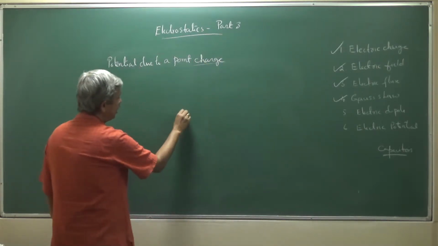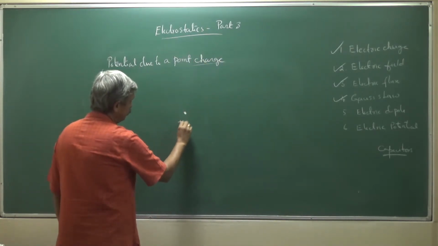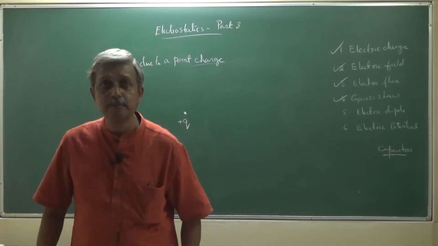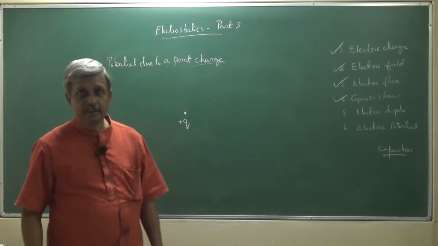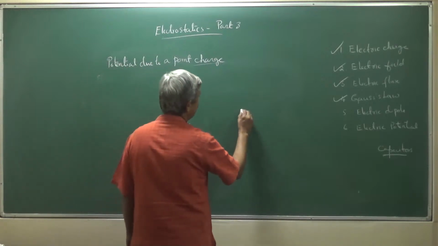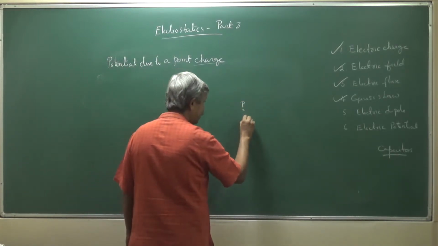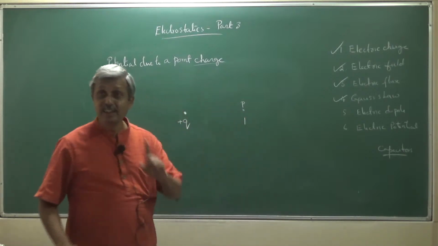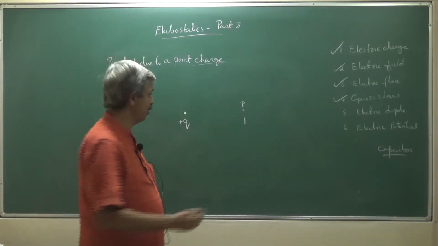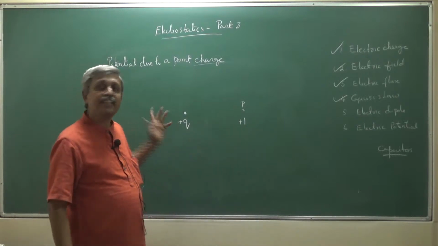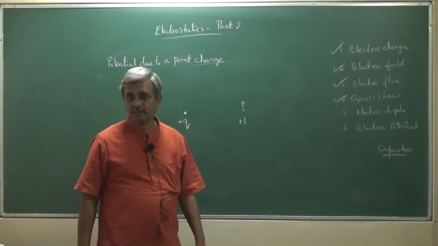So let's have a point charge. This is plus Q, a positive point charge. Now I am going to keep here, at point 3, a unit positive charge, plus 1. This is Q, and Q can be any positive value.